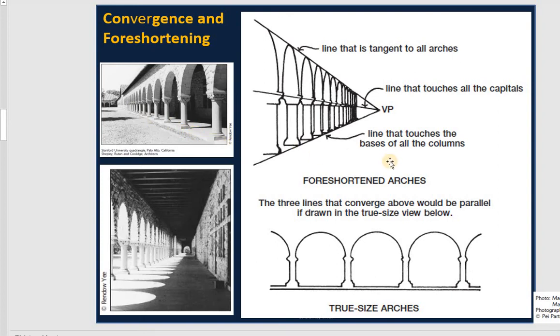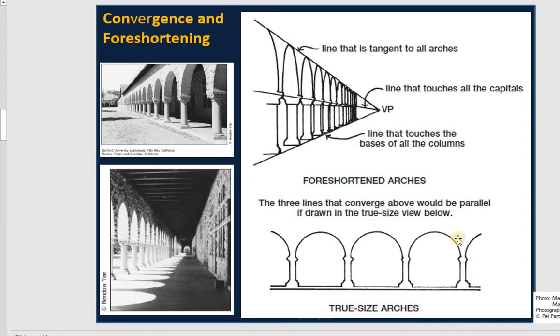So they call that foreshortening, because when you look at this, it looks like they touch together. All of them look like they touch at the vanishing point, but in reality they do not. When you look at the foreshortened arches, they have the same height at the top of the arch, and after that the line of the capital right here. You see that? It's the same, and finally the baseline.